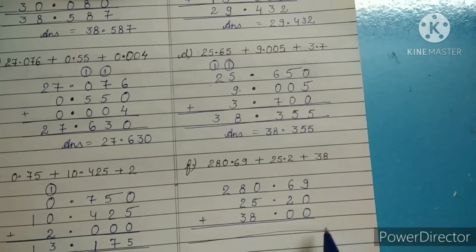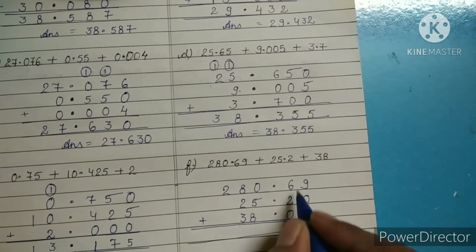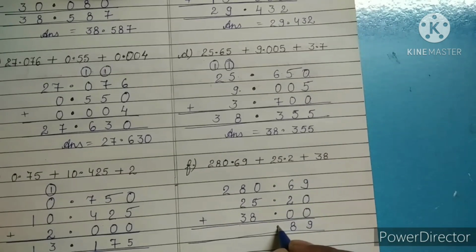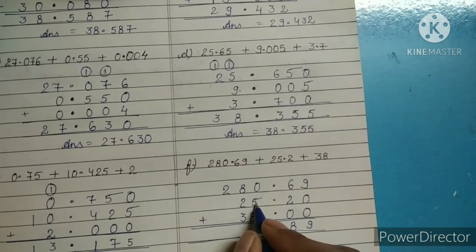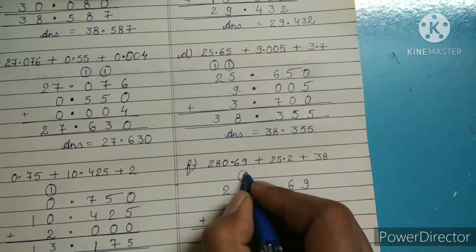Now we can add them. Okay, 0 plus 0 plus 9 is 9. 2 plus 6 is 8. Now the decimal, so it will be filled by the decimal. Okay, so 8 plus 5 is 13. 3 is here, 1 will go on the carry.